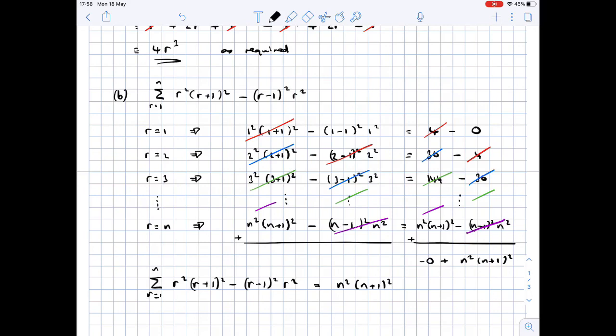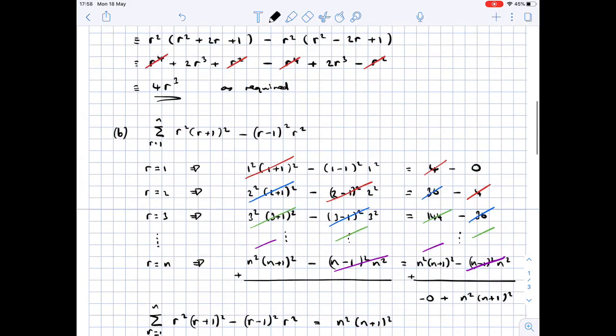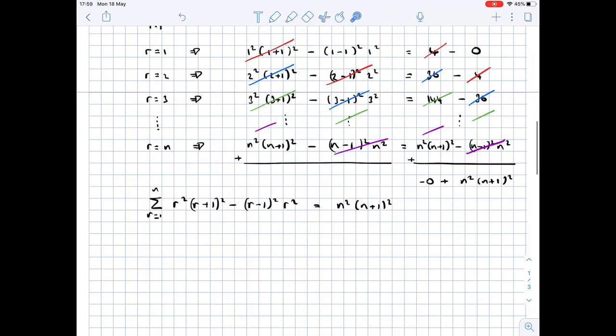However, from before, going back up to our question, we can hopefully recognise that this is equivalent to 4r cubed. So actually, this is equivalent to 4r cubed between r equals 1 and n, which is then the same as 4 times the summation, from the first term to the nth term, of r cubed.